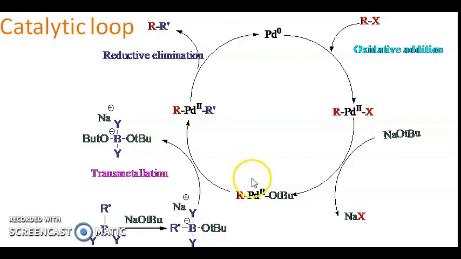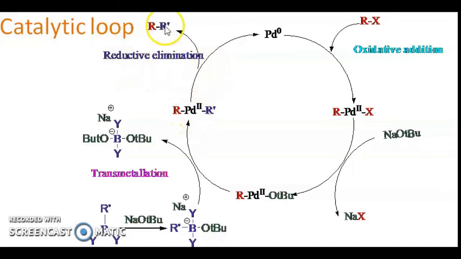The anion of the base gets attached to the boron of the organoborane and increases the nucleophilicity of boron. And this will help the easy leaving of the boron group during the transmetallation step, and you get the two organic groups linked to the palladium.